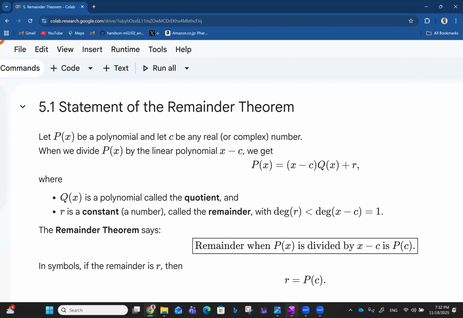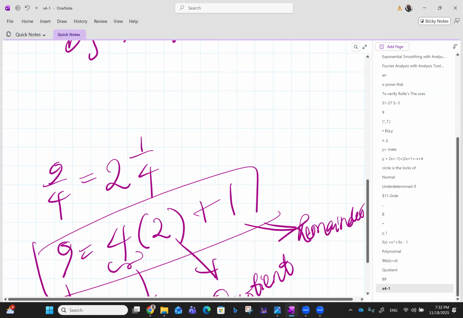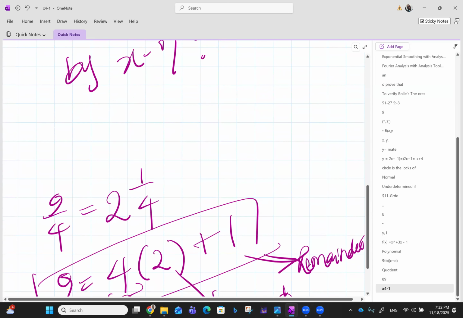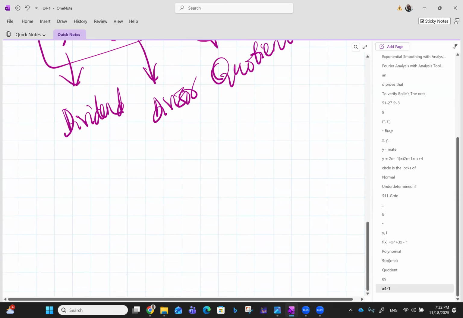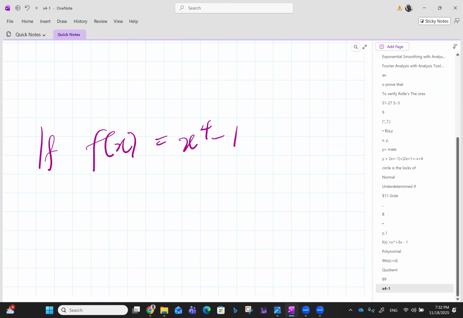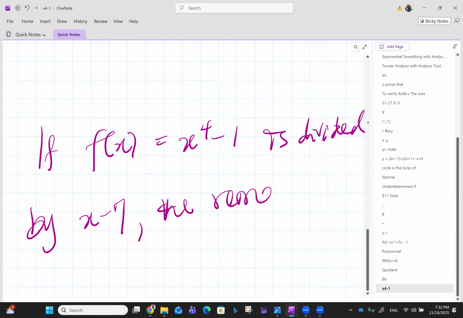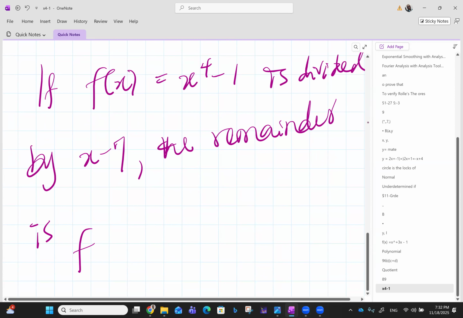So to make that clear enough, the remainder. If f of x is equal to x raised to the power 4 minus 1 and it is divided by x minus 7, the remainder is simply f of 7.